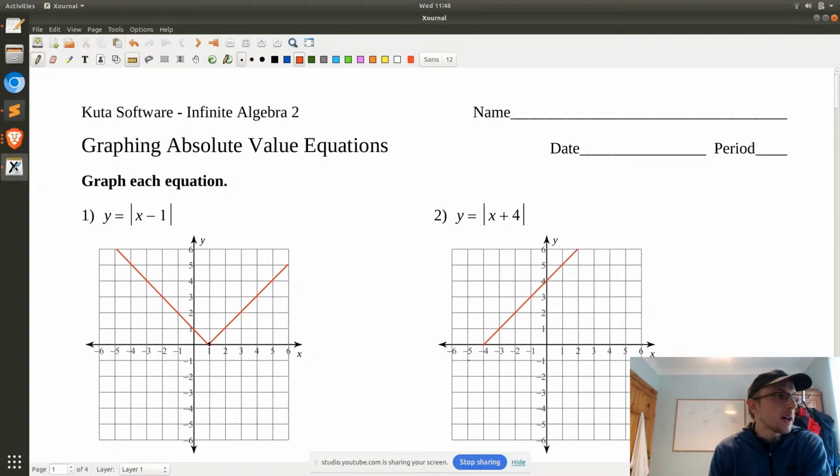And every negative value down there that I might draw on, all of these are forced to be positive, which reflects the line in the x-axis. So it will end up looking like this.